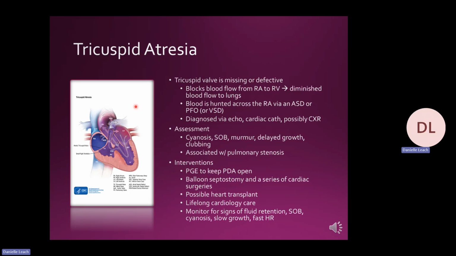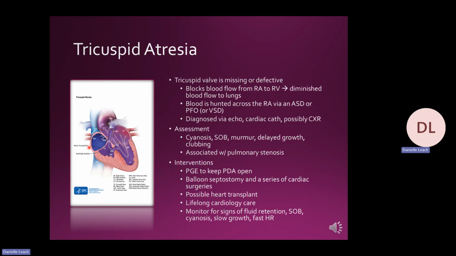For interventions, this child can also have PGE to keep this PDA open so that we are ensuring that we are getting blood to the lungs. They can also have surgery, a balloon septostomy, and a series of cardiac surgeries. Basically, they put a balloon up through a cardiac catheterization, and the balloon will create the tricuspid valve.